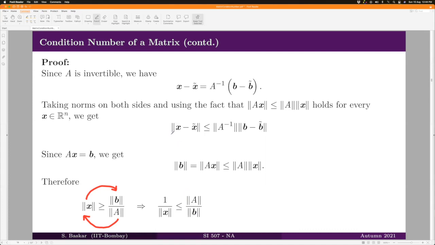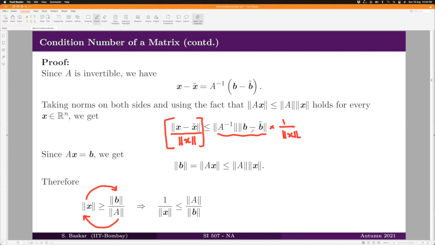Remember that we wanted the relative error in x tilde. Therefore, we wanted this quantity, right? And that is less than or equal to this quantity times 1 by norm x, because we divided the left hand side by norm x, so the right hand side should also be divided by norm x.